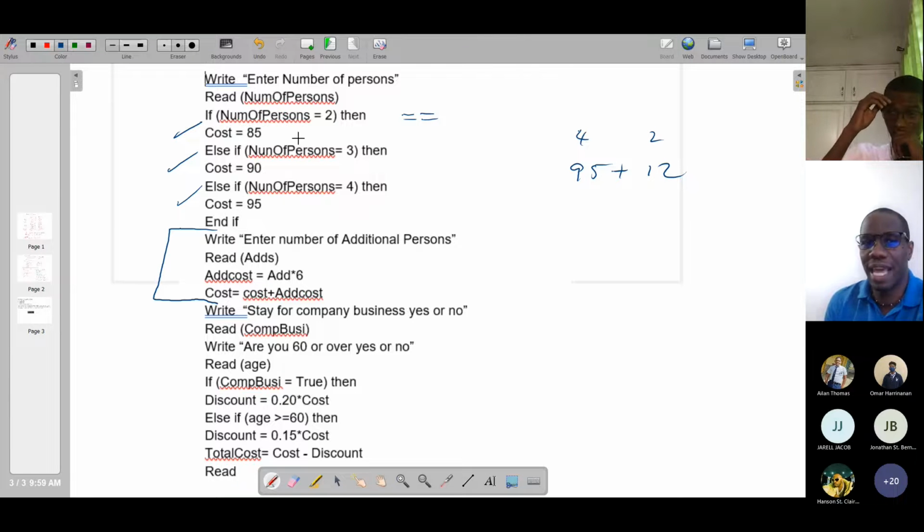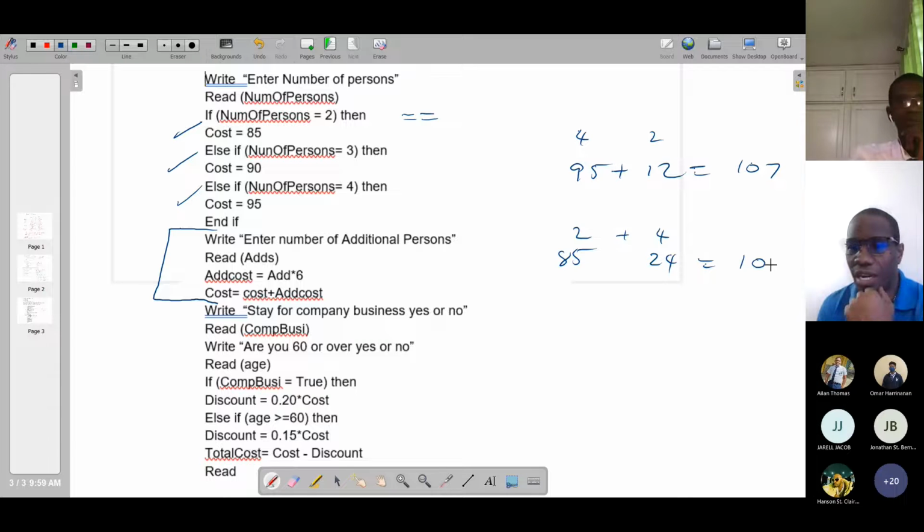But how we have it here is that we have number of persons coming in, and then you ask about number of additional persons. So if I say 2 persons, which was 85, and then I have additional persons being added in terms of our sequence here, being 4 persons, then that's $24 added to the 85. 95 plus 12 is 107, whereas 85 plus 24 is 109, is it?